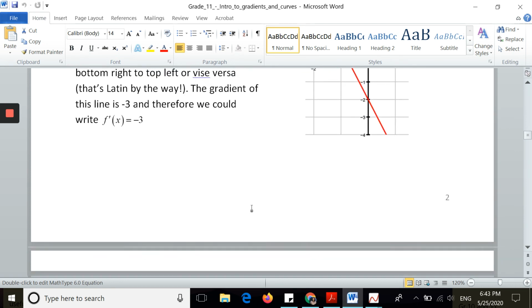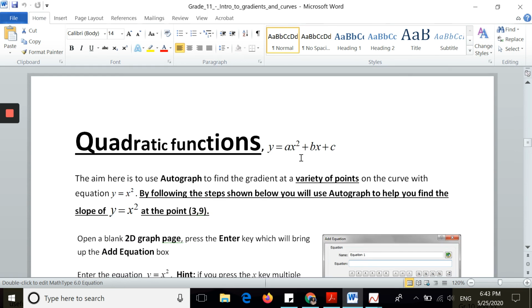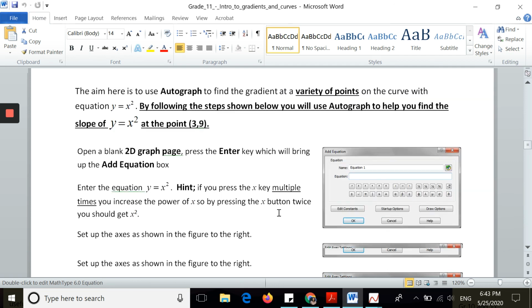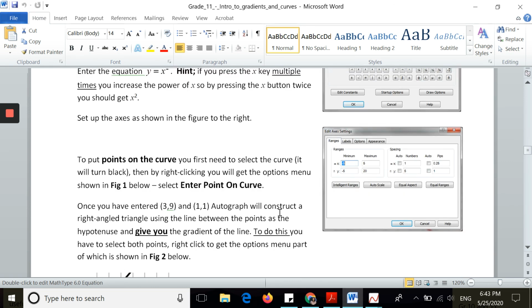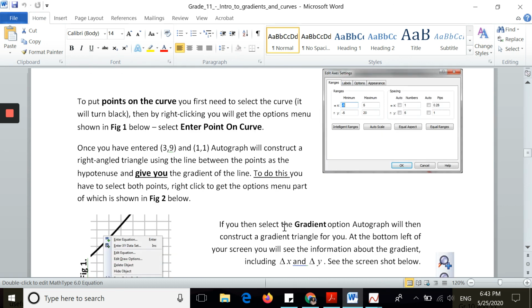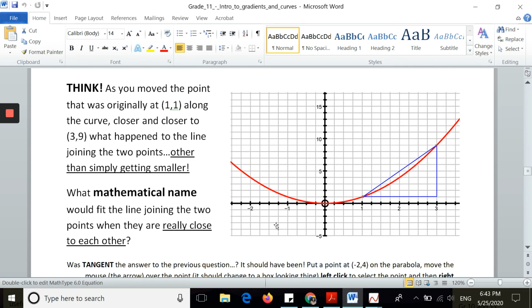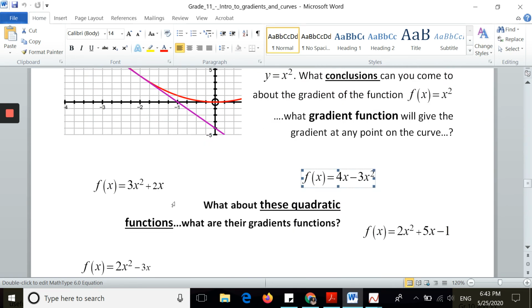Then we explored the quadratic function, starting with y is equal to x squared, and I used the autograph. Again, feel free to use the autograph, take notes, make a table, and mention the general rule we talked about for x squared in your notes. After that, you can try these functions using the same autograph.